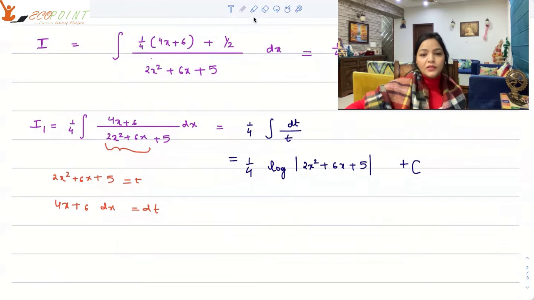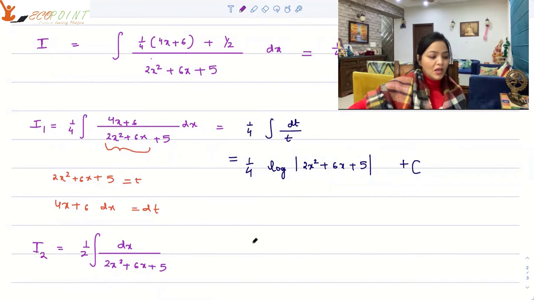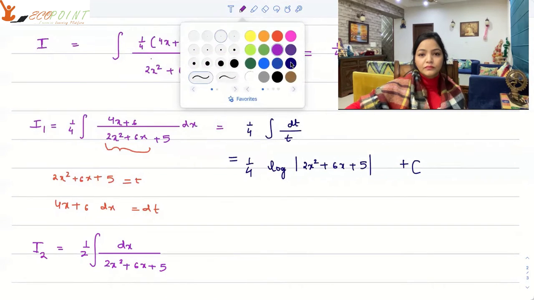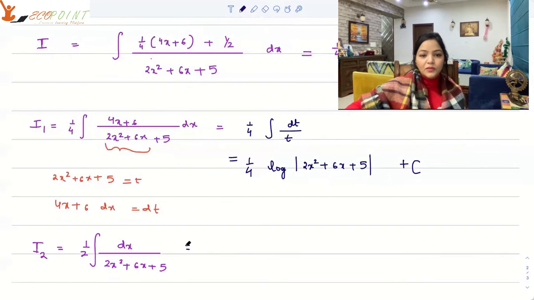Let's talk about I2 now. So I2 is equal to the integral of half dx upon 2x square plus 6x plus 5. Now, this one is where you have to create whole squares, right? So this will be equal to half stays outside, integral.